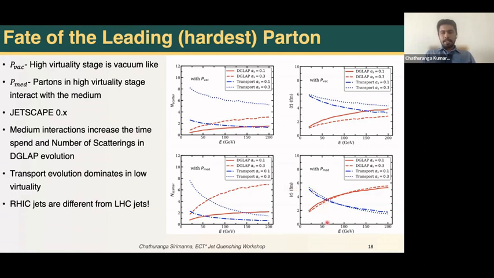As you can see here, below around 60 GeV, the transport stage dominates over the DGLAP stage, but above 60 GeV, the DGLAP stage dominates over the transport stage. Because of that, we can say that RHIC energies can be different from LHC jets.